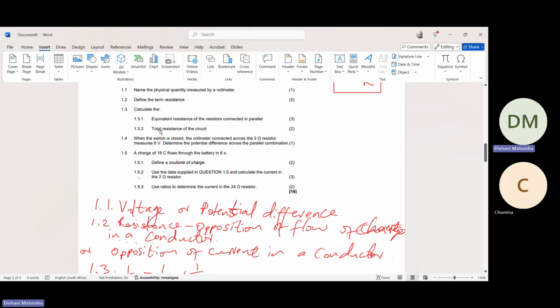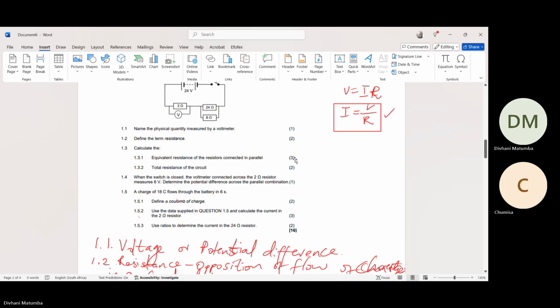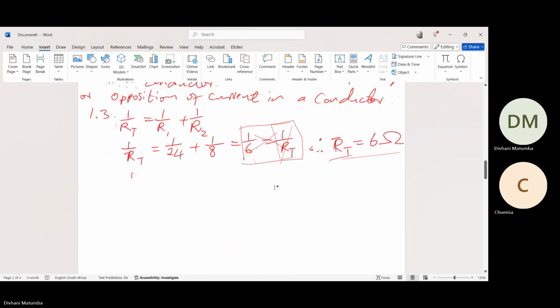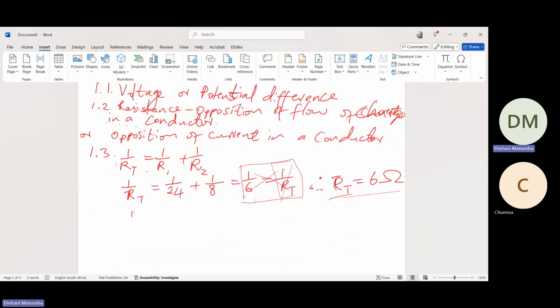Now, what is the total resistance of the circuit? It's going to be R is equal to V times I. Is it V over I?